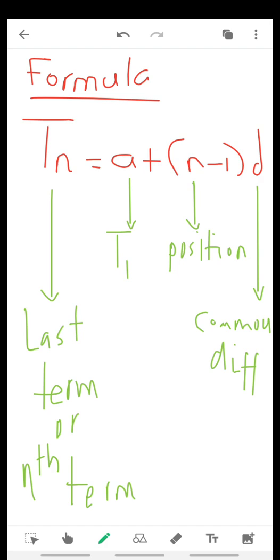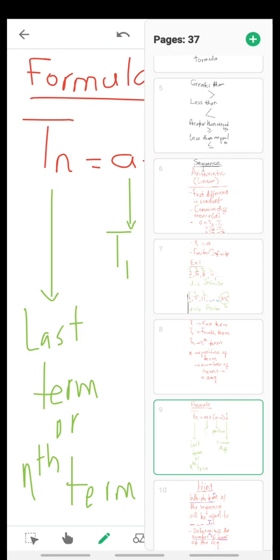What is A? A is the first term. What is n? N is the position of a term, and D is our common difference, where we find it by subtracting the term in front minus the term behind. That will give us the common difference. This is the formula that we use for an arithmetic sequence.